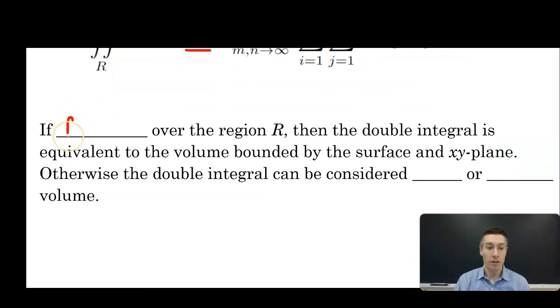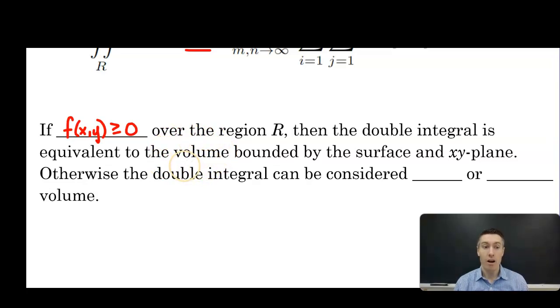If f of xy is greater than or equal to 0 over the region R, then the double integral is equivalent to the volume bounded by the surface and the xy plane. Essentially what this is saying is the function needs to be either 0 or above the xy plane, and then we have a defined volume.